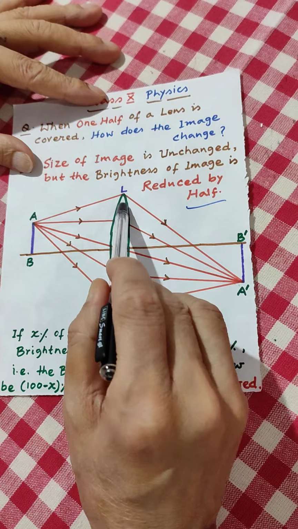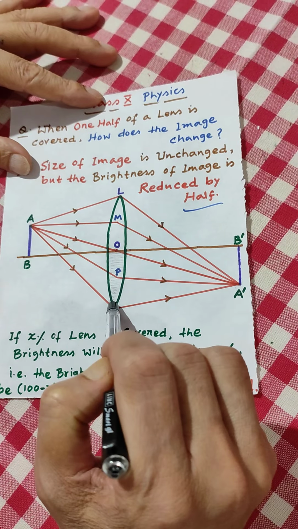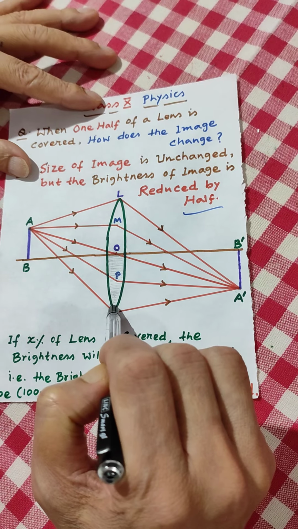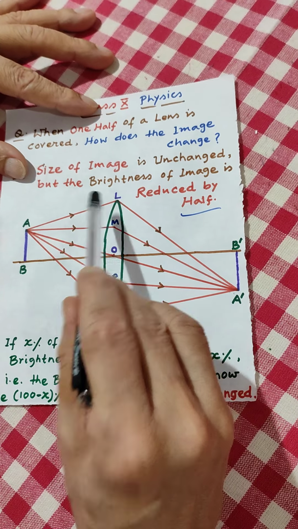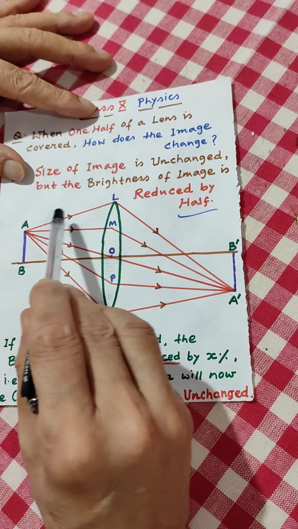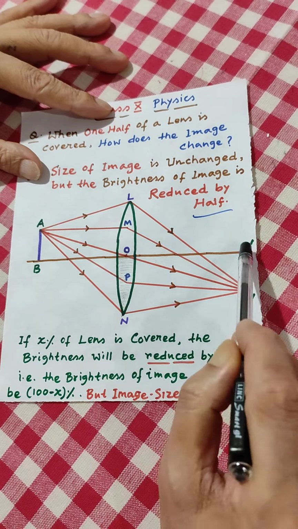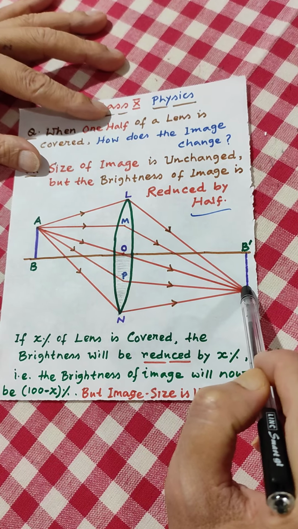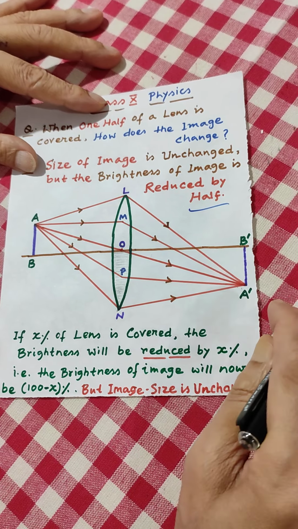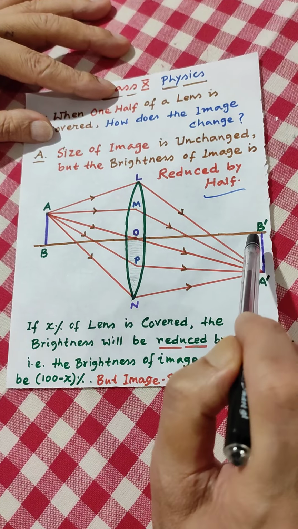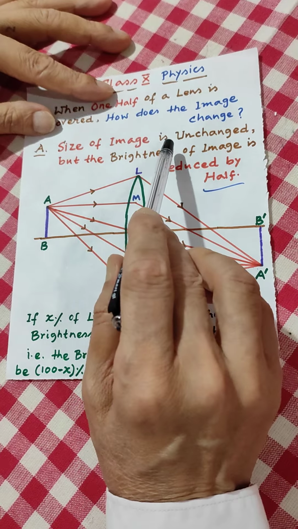Similarly, if you cover 99% of the lens, that means made opaque, only 1% is available for incident rays, then even that 1% which is not covered will form a full image but the brightness will be reduced by 99%. You follow? So this is how a full image will be formed, but the brightness will be reduced by half or 50% for this question.